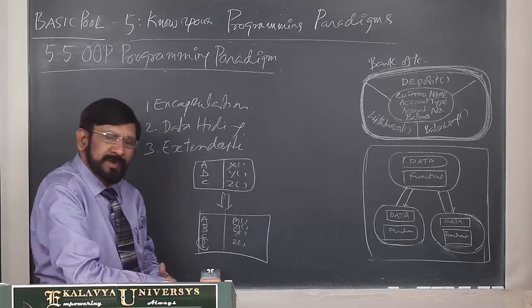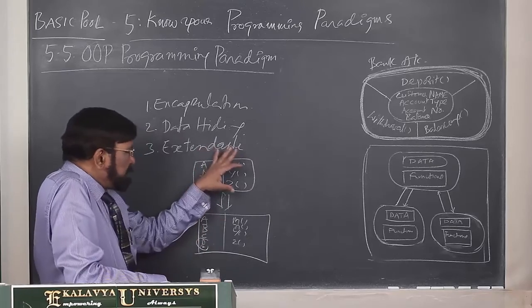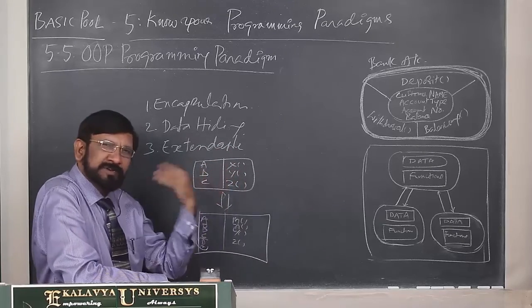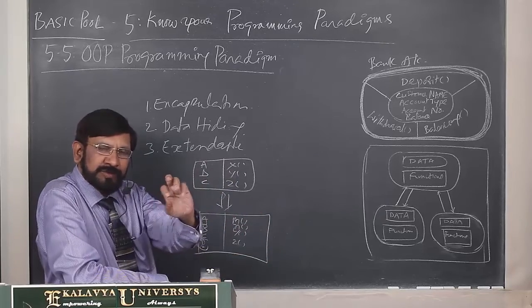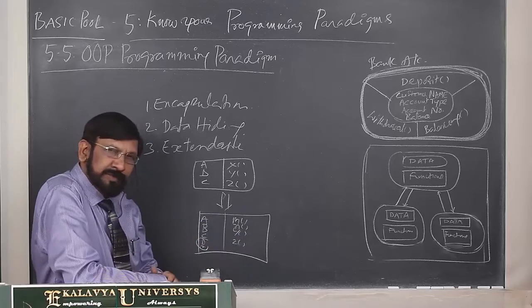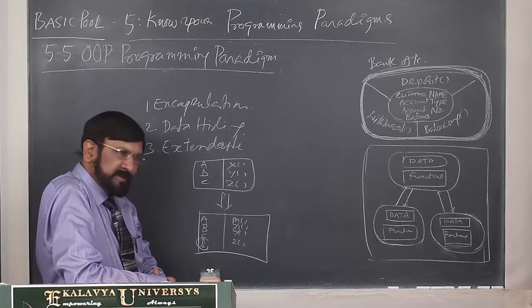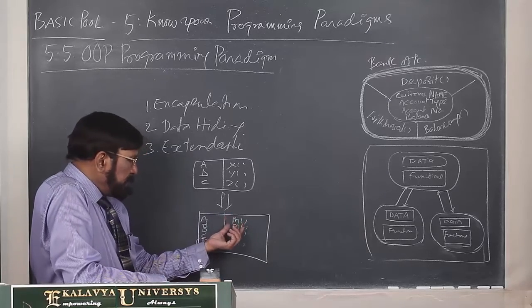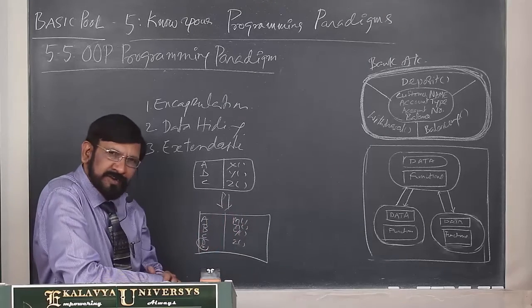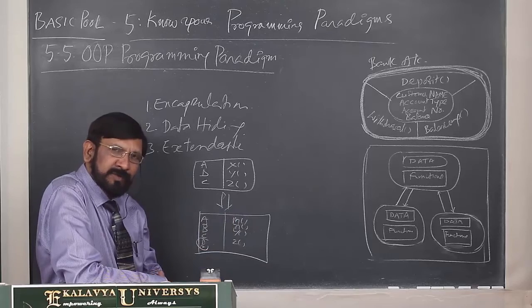Because of inheritance, one class is already existing. It was being used, so it was tested thoroughly. Any loopholes in that are plugged. Now you want a new class with new data and new functionalities. Then you can easily add data and you can easily add functions according to your project requirement.